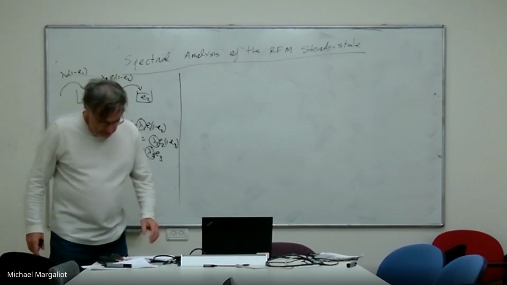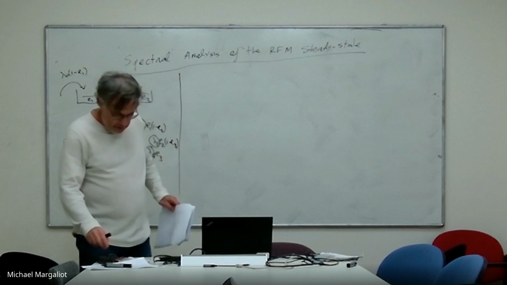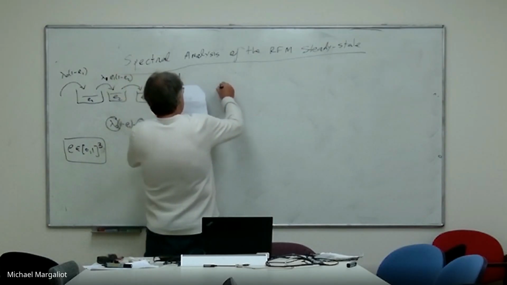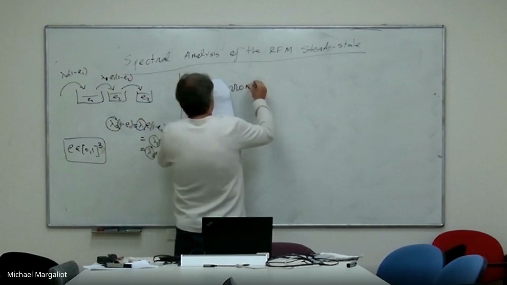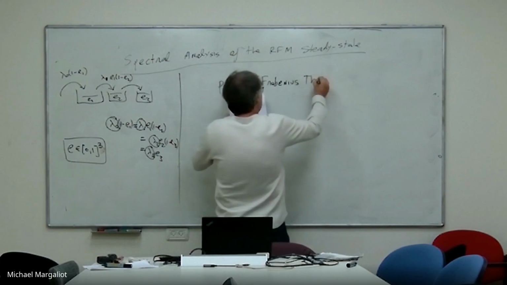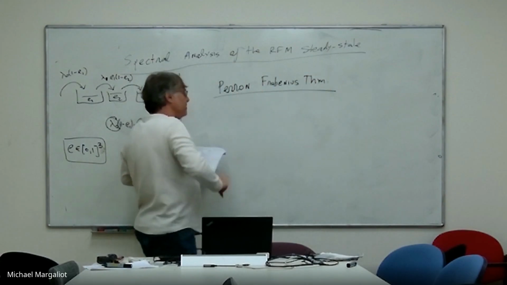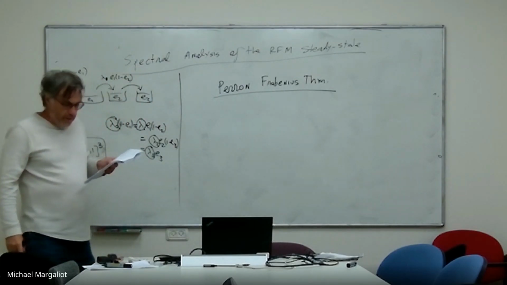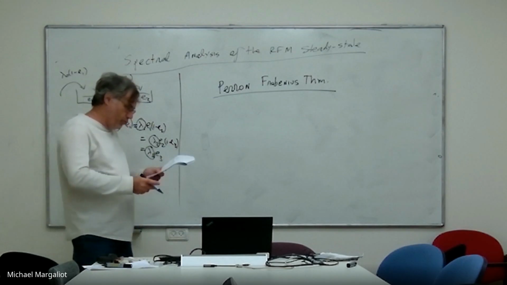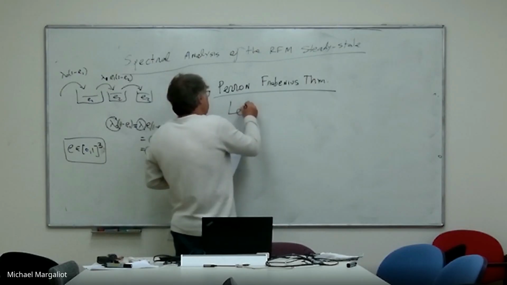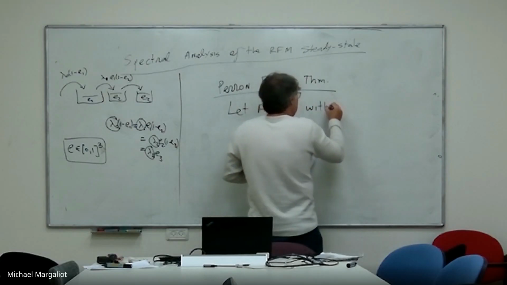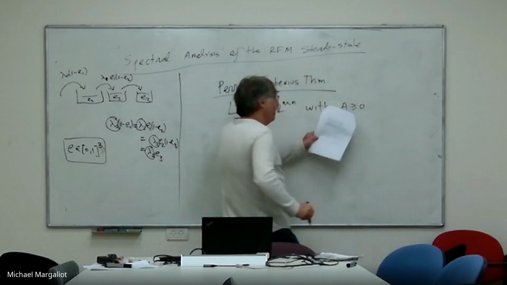So to state the spectral representation, I first of all need to give you the Perron-Frobenius theorem, which is a very important theorem in the analysis of matrices. Undoubtedly, the most important theorem in the analysis of matrices with non-negative entries. So let A be a real matrix, n by n, with all the entries non-negative.